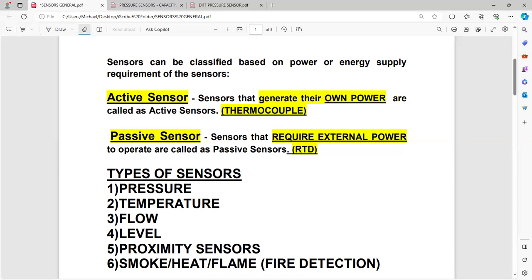It will generate its own power and work based on that power it has generated. That type of sensor is called an active sensor. And if he's asking you to give an example, thermocouple is the best example that you can give.